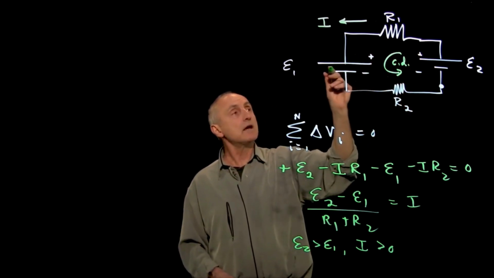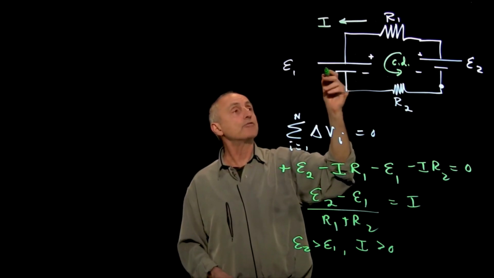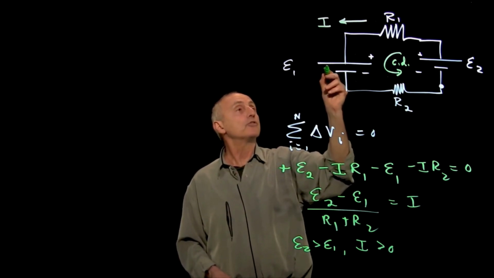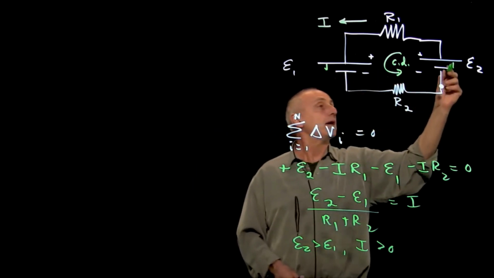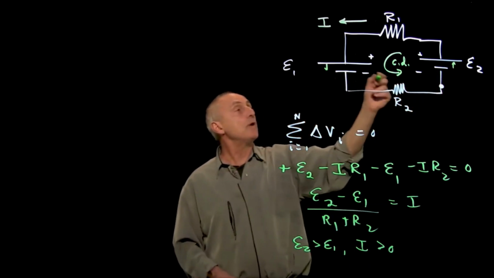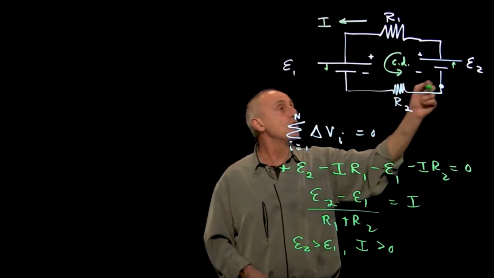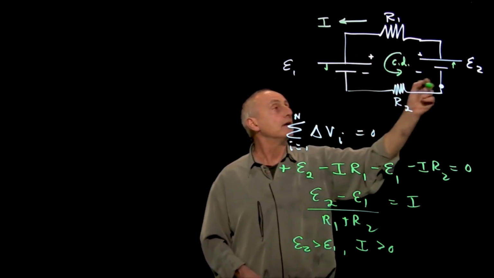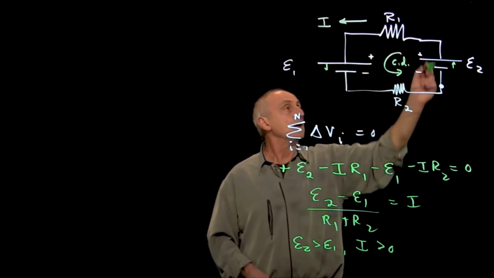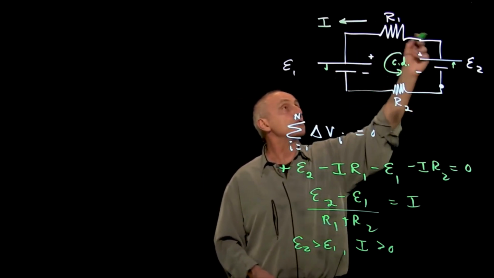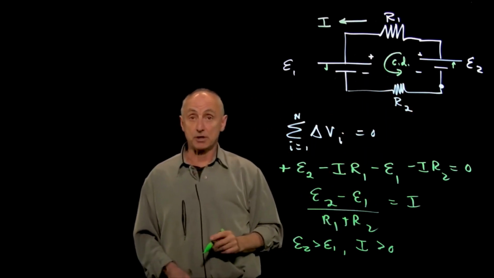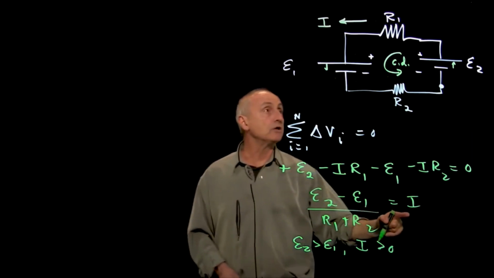But remember, inside the battery, there's ions that are flowing, and whether it's positive ions or negative ions, there's still going to be currents in this battery. So you have to imagine that this is just one path in this circuit. It's not multiple branches, but one branch in that circuit. And that's why there's only one current.